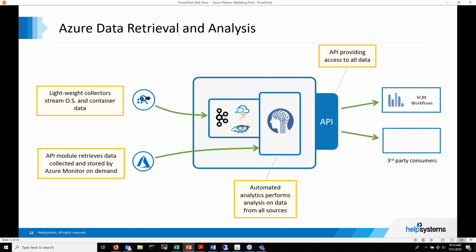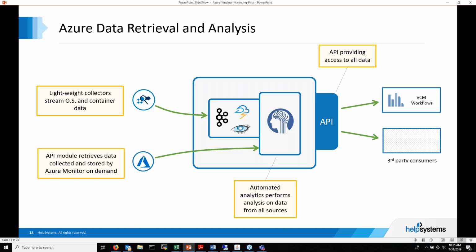We can request whatever real-time or historical data that you want access to directly from the Azure API. And then we also want to augment that, as I mentioned, with additional details, and we've got what we call a lightweight collector, which is a single binary that runs on the operating system on the virtual machines that you have in Azure, and it collects these additional sets of metrics and streams that over to a central place to store and manage that data.